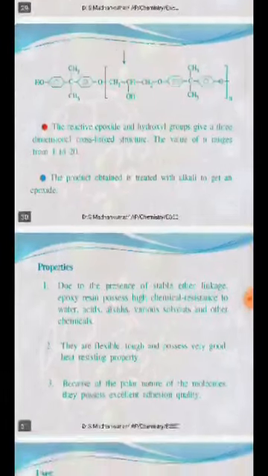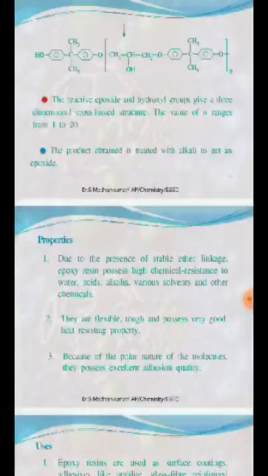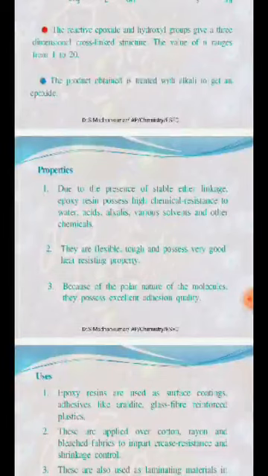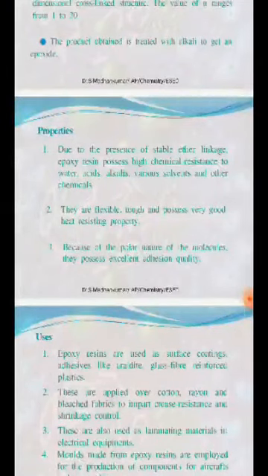Properties: due to the presence of stable ether linkage, epoxy resin possesses high chemical resistance to water, acids, alkalis, various solvents and other chemicals. Second property, they are flexible, tough and possess very good heat resistant property. Because of the polar nature of the molecules, they possess excellent adhesion quality.